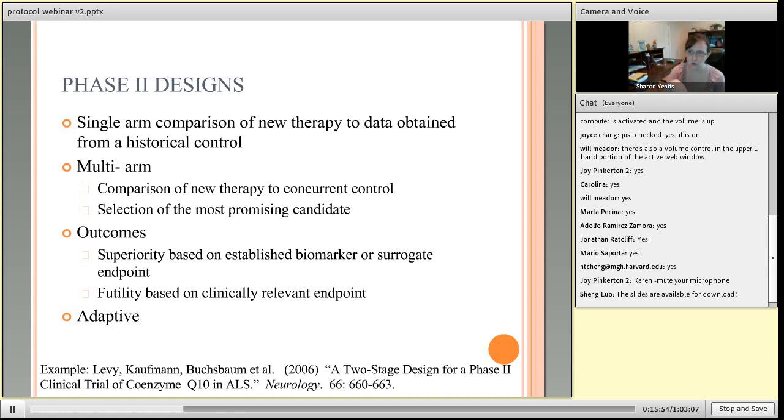And at the end of the whole trial, then they did a futility test to decide whether or not it was worth moving the selected dose forward to confirmatory testing. Again, it's a really nice example of how these designs can be tailored to answer the question that you're trying to ask, while of course trying to maintain the statistical validity that we need to see from all of our stages of clinical research.